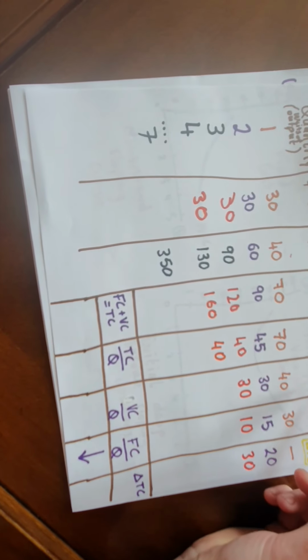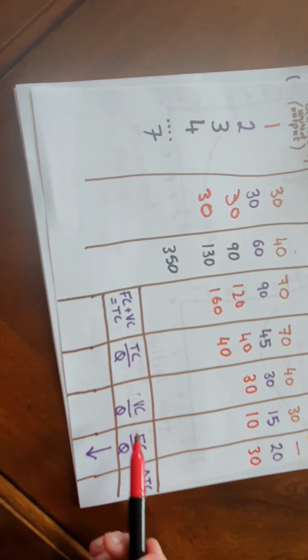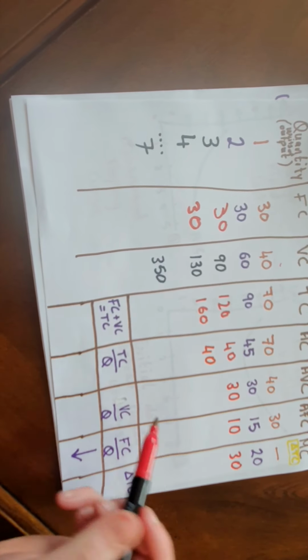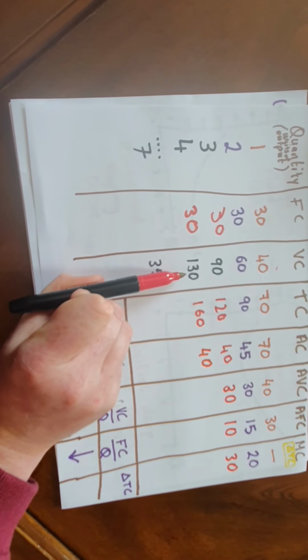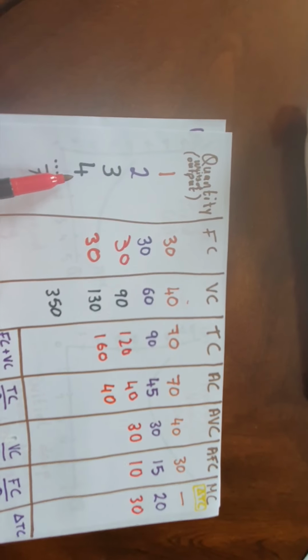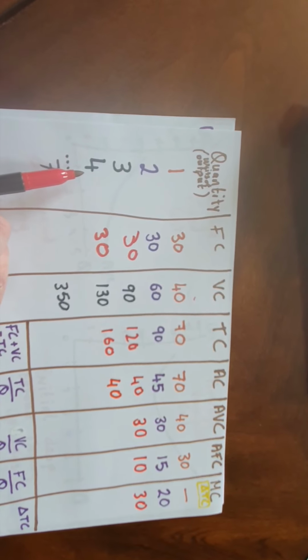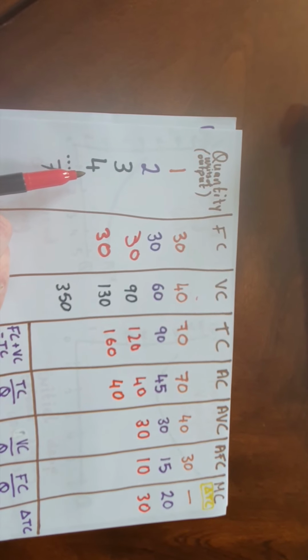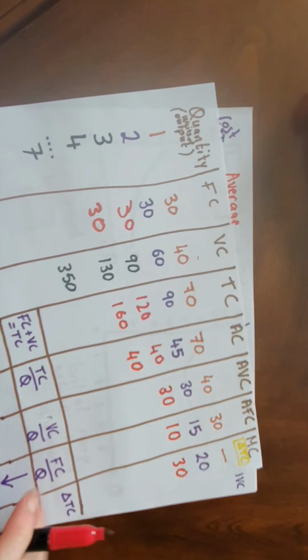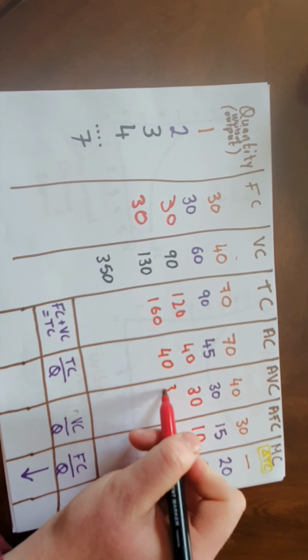Then we have our average variable cost. So our formula, it's our variable cost divided by quantity. So our variable cost here is 130. Our quantity is 4. So it's going to be 130 divided by 4. So that's going to give us 32.50, which we'll put in here.